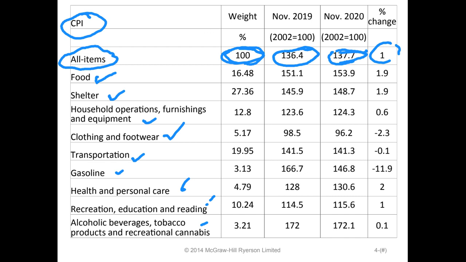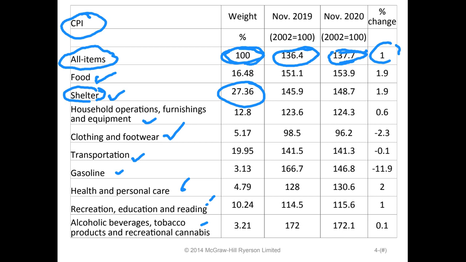So the highest weight is given to shelter. Notice, 27.36% weight is assigned to shelter. So it's a weighted average. It's not that we just add all these numbers and divide by the total number of goods and services. We have to add the weighted average.